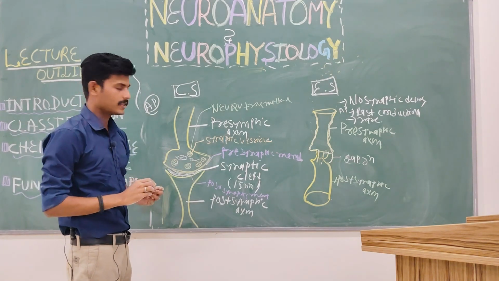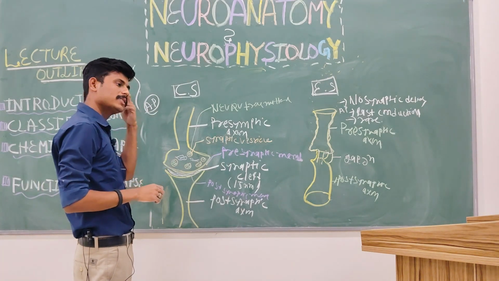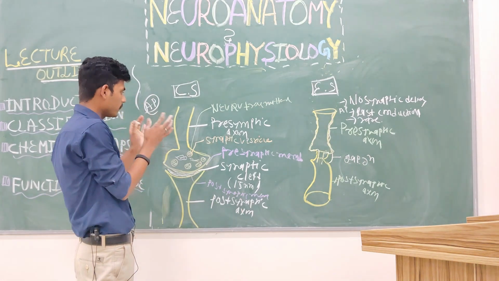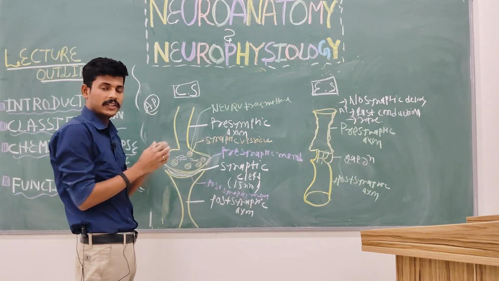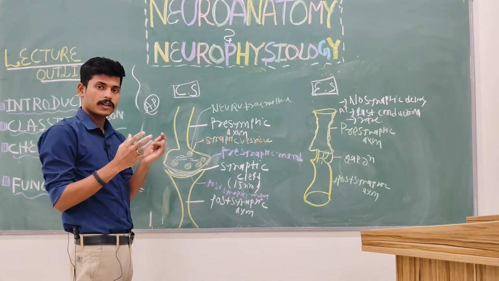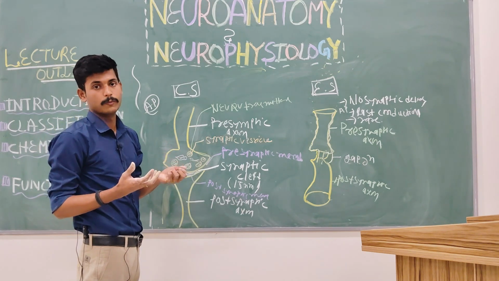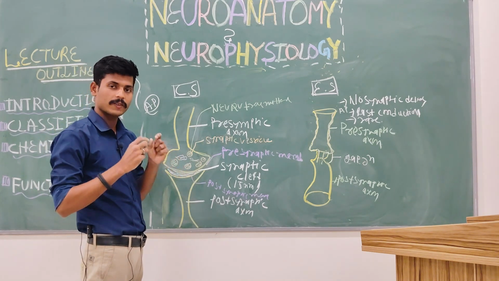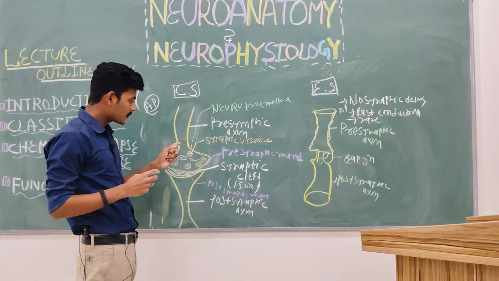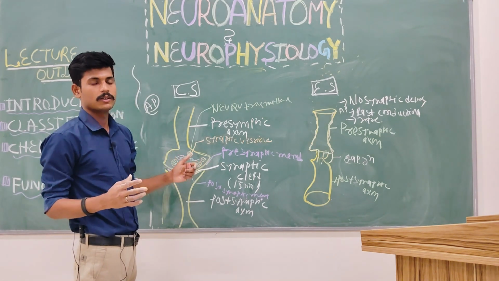Why I'm referring to the action potential is that for firing of the nerves we need a kind of electrical voltage, otherwise the nerves will not work.